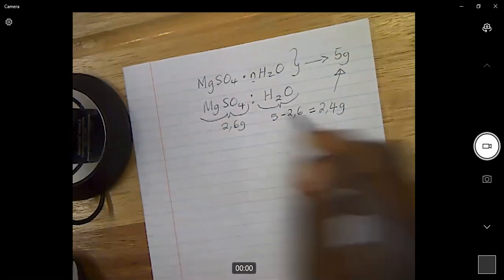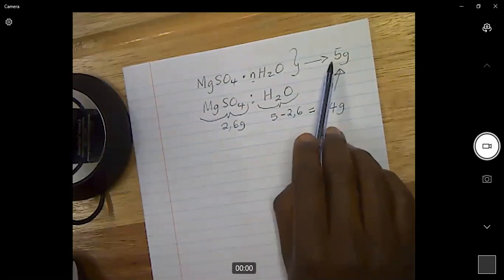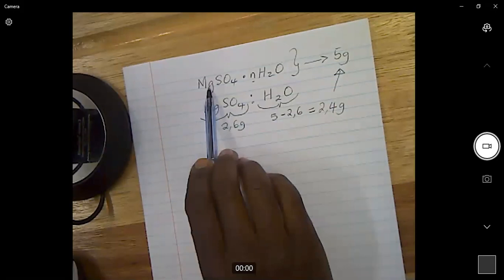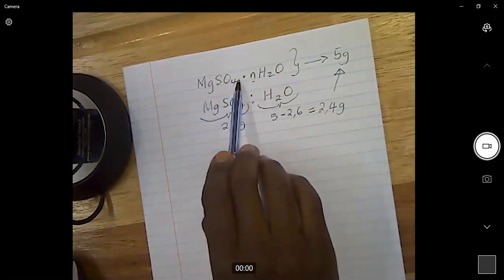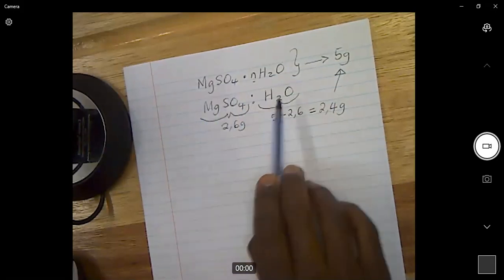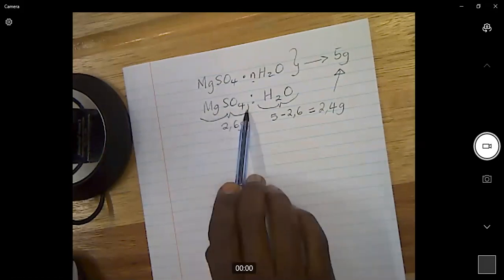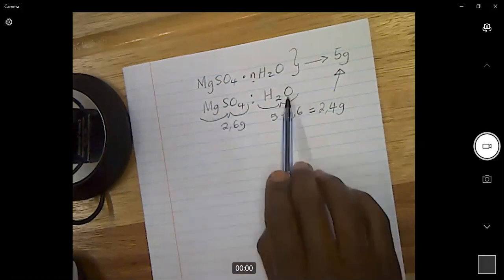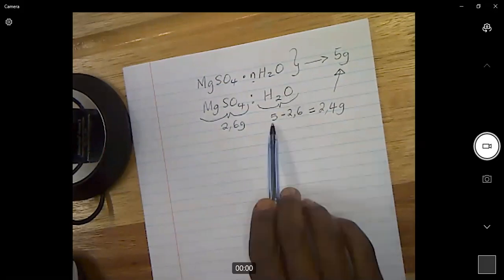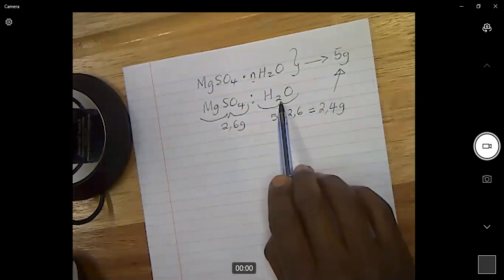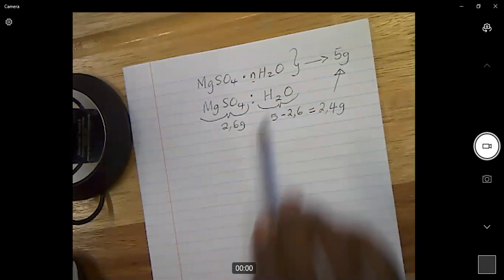We started with 5 grams, a combination of the water of crystallization as well as the MgSO4. Now when we heat, the water evaporates. The mass that is remaining, 2.6, is the mass of only MgSO4. So what was the mass of the water that evaporated? We subtract the original minus what is left. The difference must be the water that left the system, which is the mass of water.